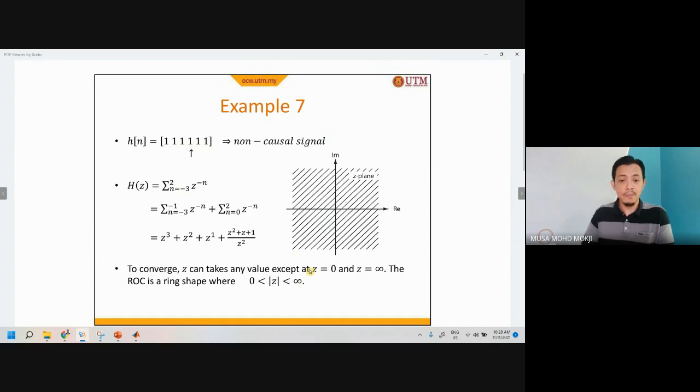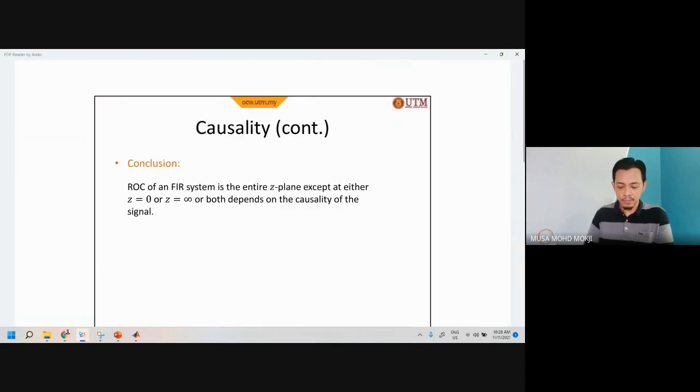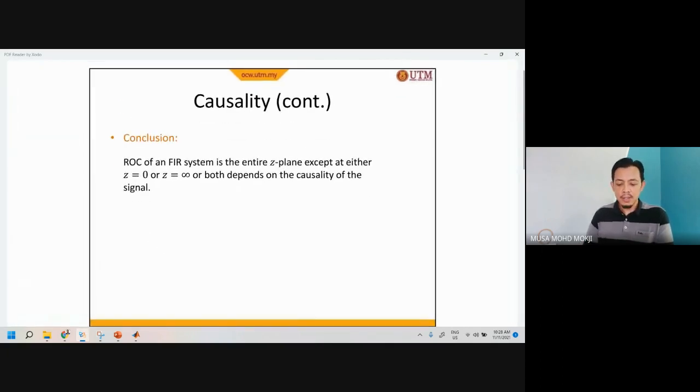So how can you understand the example? As a conclusion, the ROC of an FIR system is the entire z-plane, except at either 0 or infinity, or both. If we already know that our system is FIR, the infinity value should be only at 0 or infinity.